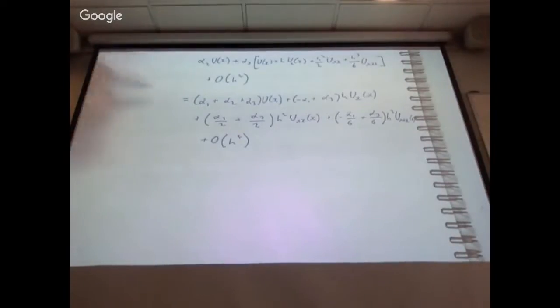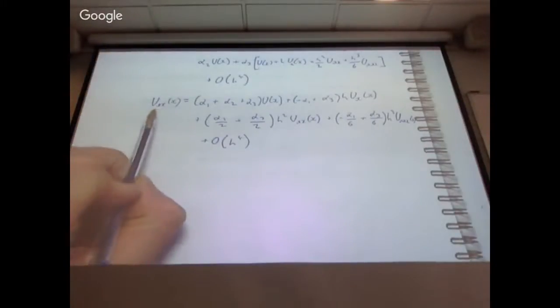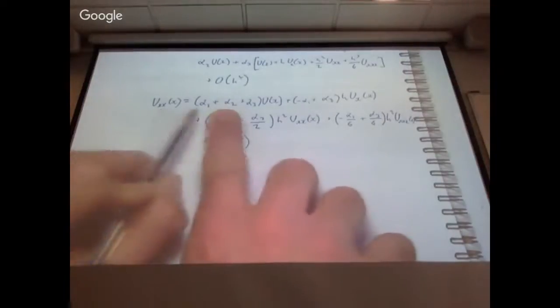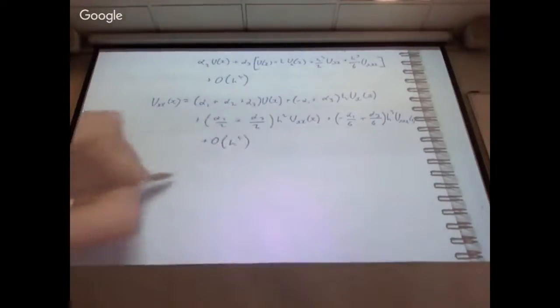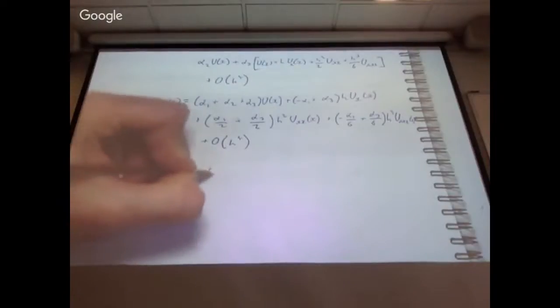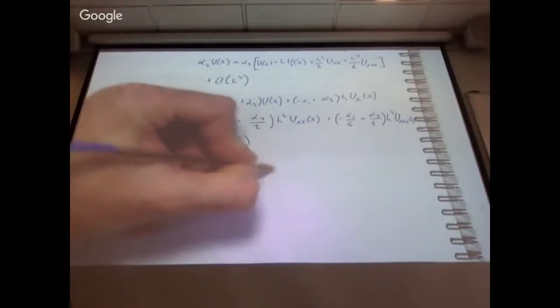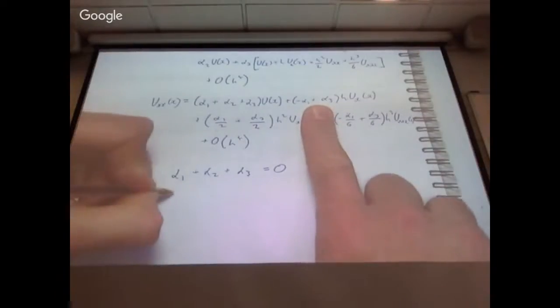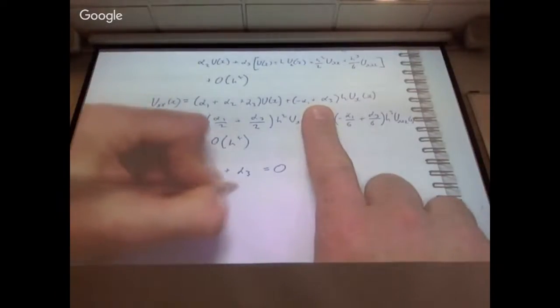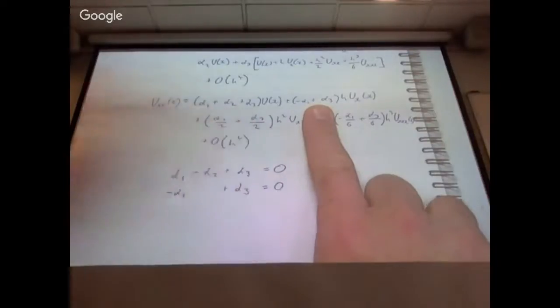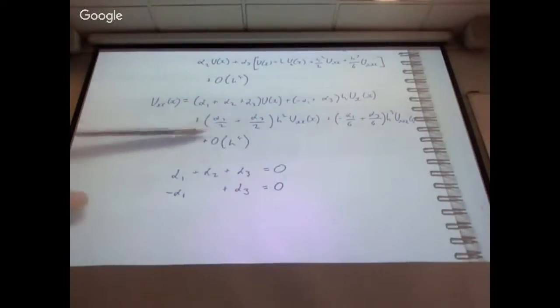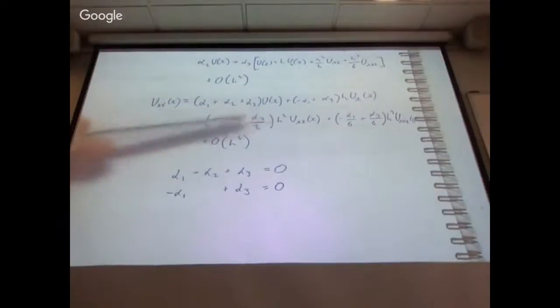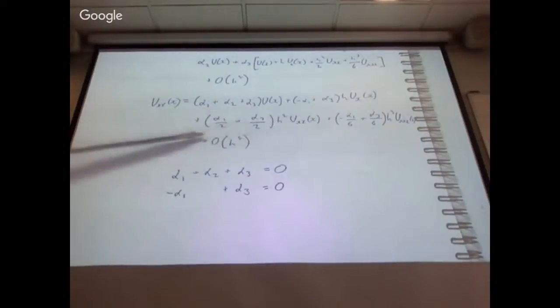So just write this in here. I'm looking for an approximation of the second order derivative. So in that case, I want this coefficient to be 0, and I want this coefficient also to be equal to 0. And I want this one to be equal to 1 over h squared.